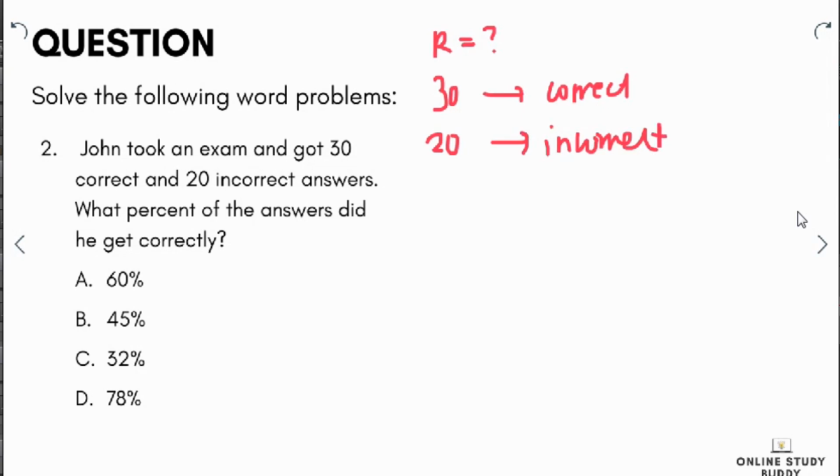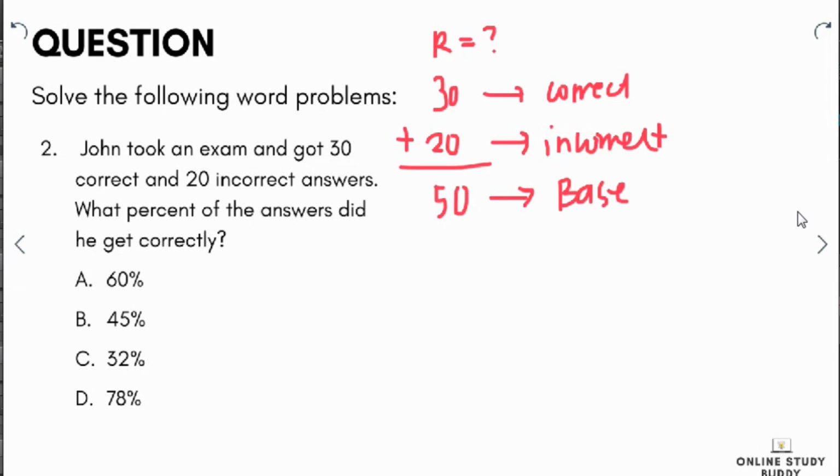So, to find the base or the total number of items, we will add the correct and the incorrect items. So, 30 plus 20 is equal to 50. So, 50 yung ating total number of items, and this is our base.